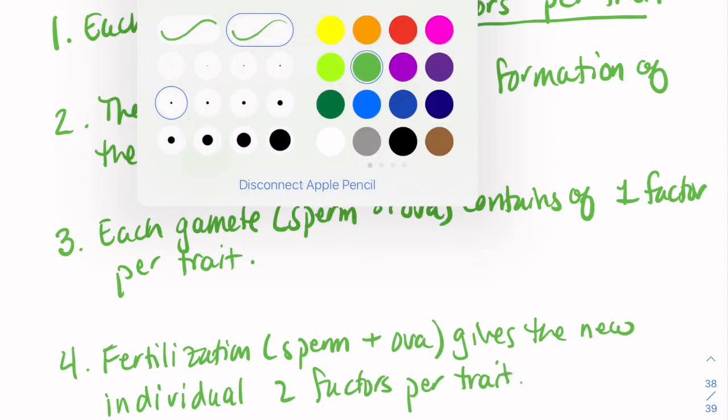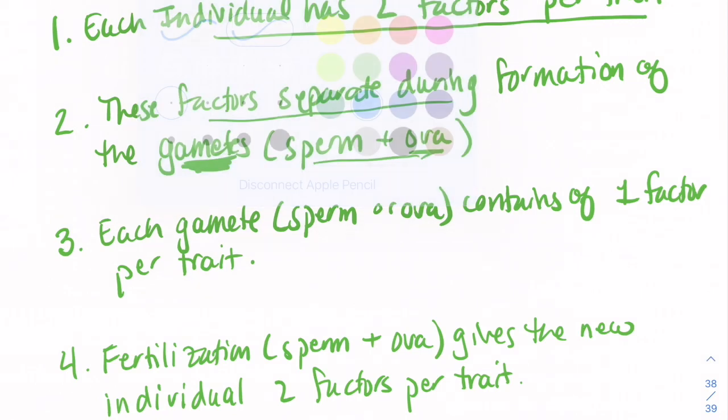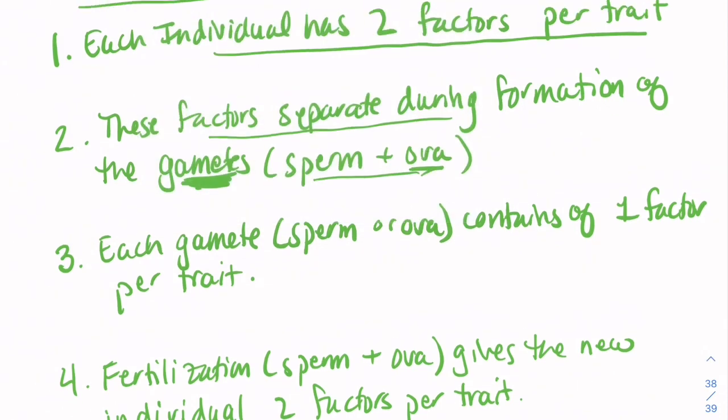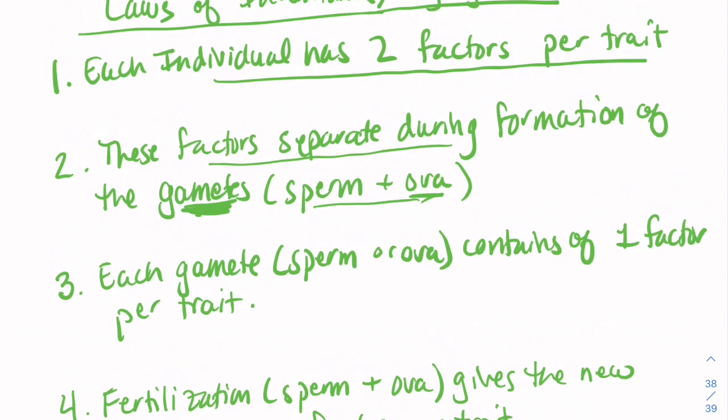Now let's talk a little bit about this. Here we go. So each individual has 2 factors per trait. Let's draw a cell and say they've got 2 factors per trait. I'm just drawing something to give us a visual.